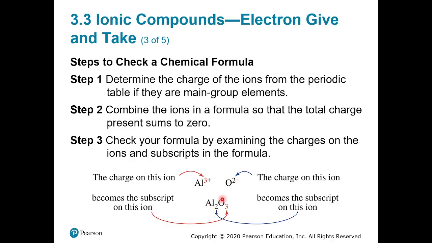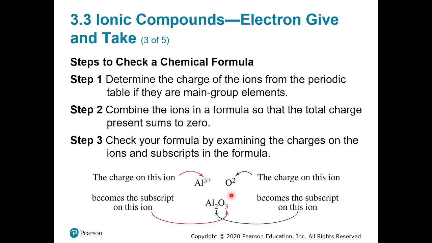We put the 2 down as a subscript for aluminum. And then we write the oxygen, and we put the 3 from the aluminum down on the oxygen. See that we've cross-multiplied? We have a 6 plus charge and a 6 minus charge now. So typically when we see a subscript, it means we'd have 2 atoms of the aluminum and 3 atoms of the oxygen. That's exactly what we have.